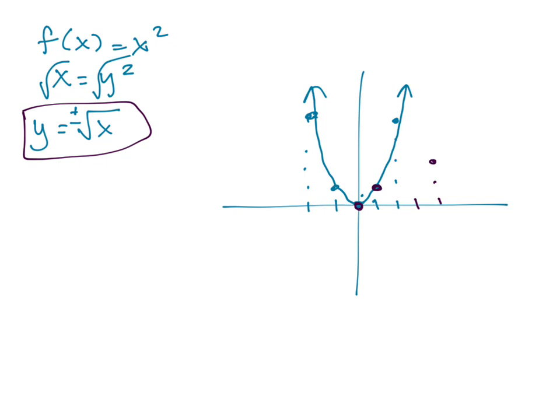Check this guy out. Can you tell that it's the same parabola, but it's laid over? Especially, you can see that if you consider the bottom half, the negative square root of x. Again, that keeps it from being a function, but you can kind of see what I'm saying here.